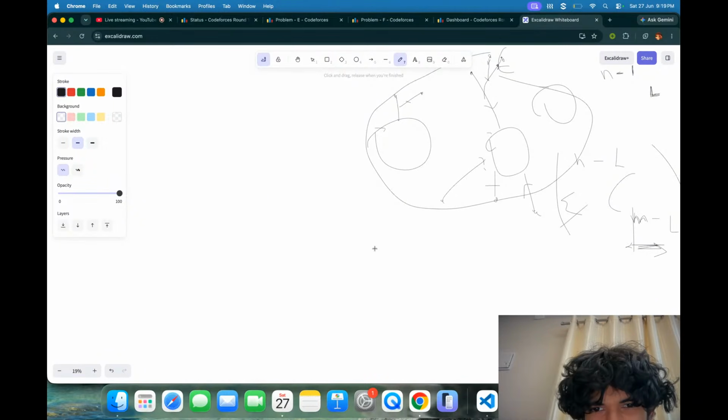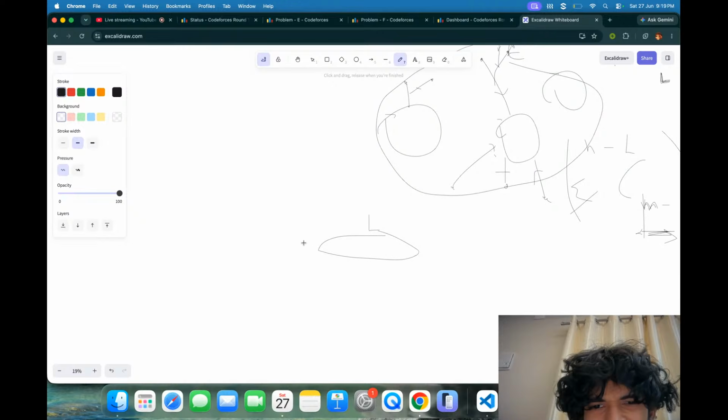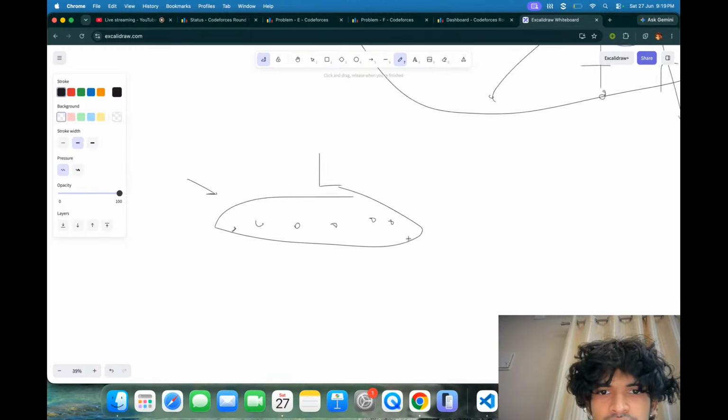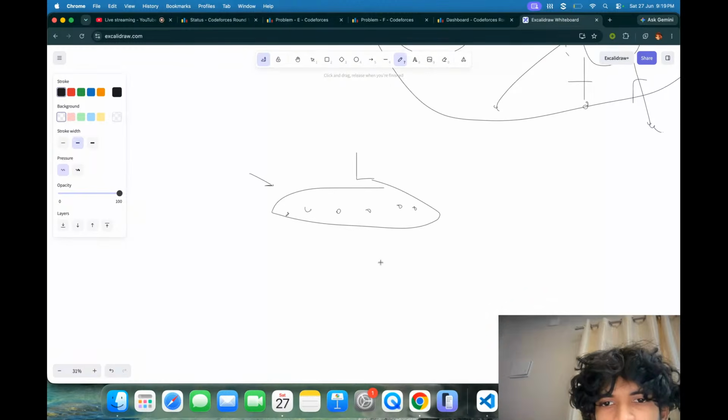Let's say these are the leaves set. That means none of them has chosen that. These L things, none of them has chosen that. Some L particular things, none of n minus 1 have chosen them.